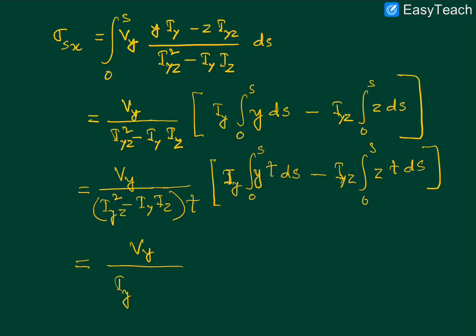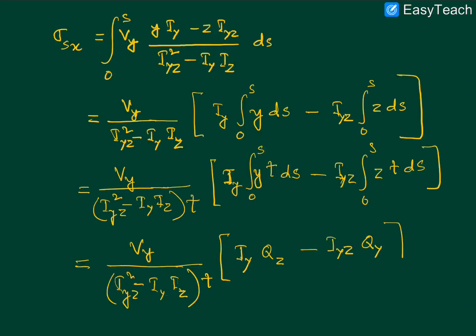Vy, that's IYIZ, whole thing multiplied by T in the denominator, and in the numerator I have IY multiplied by QZ, which is the first moment of area about the Z axis, minus IYZ multiplied by the first moment of area about the Y axis.